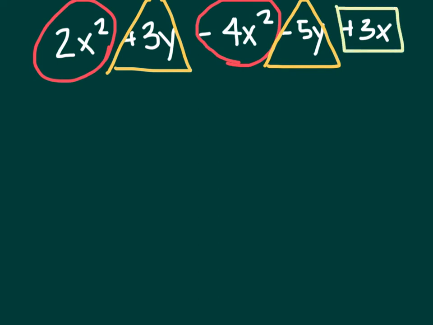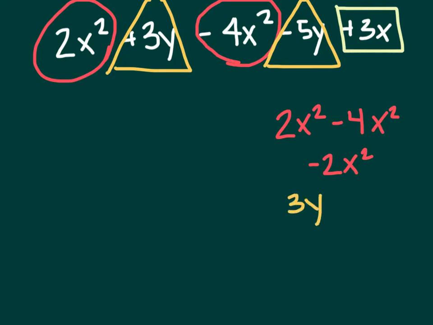Now I'm going to start by simplifying my x squared terms. 2x squared minus 4x squared will simplify and give me negative 2x squared. And I know that because 2 minus 4 is negative 2. Now I'll move on to my triangle terms. So 3y minus 5y. 3 minus 5 is negative 2, so negative 2y is my answer.